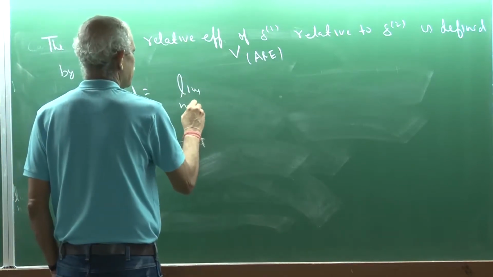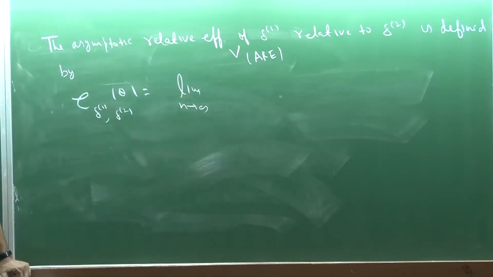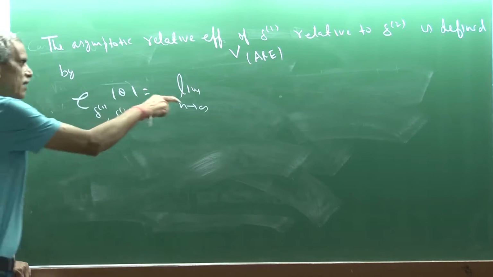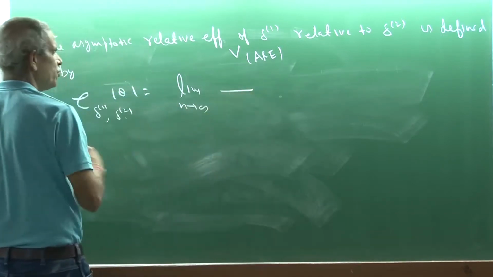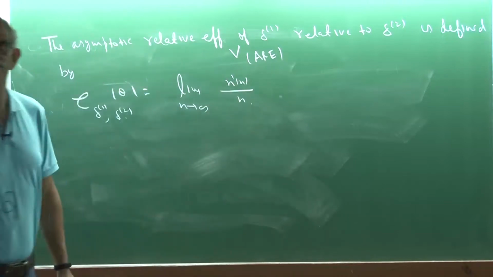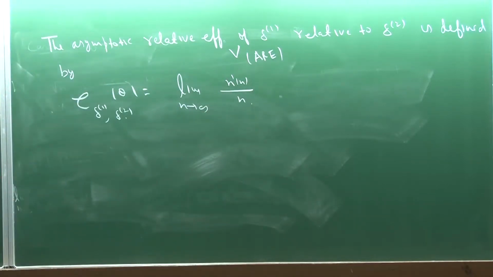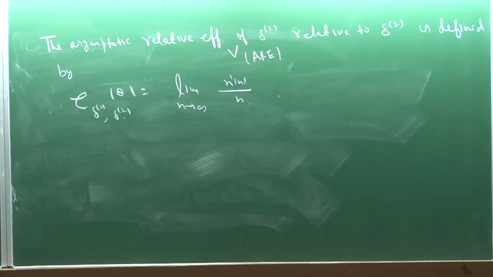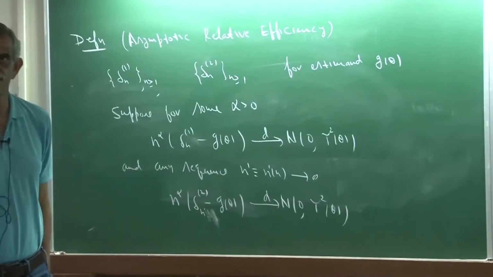Now note that the relative efficiency of delta 1 is smaller if its sample size is larger, so it should be inversely proportional to its sample size. So the numerator here should be the sample size of delta 2. So n prime divided by n, provided the limit exists and is independent of any sequence n prime such that this holds.